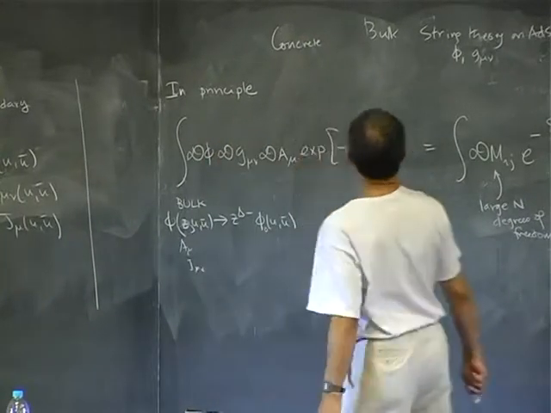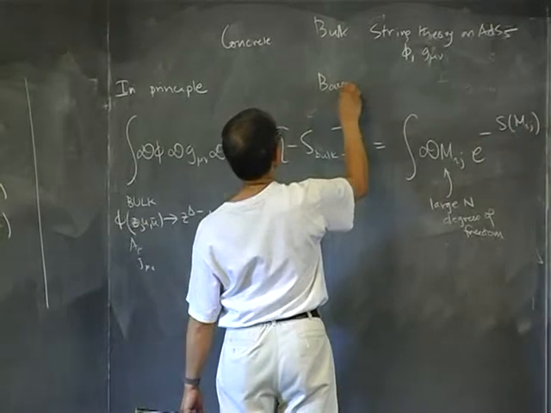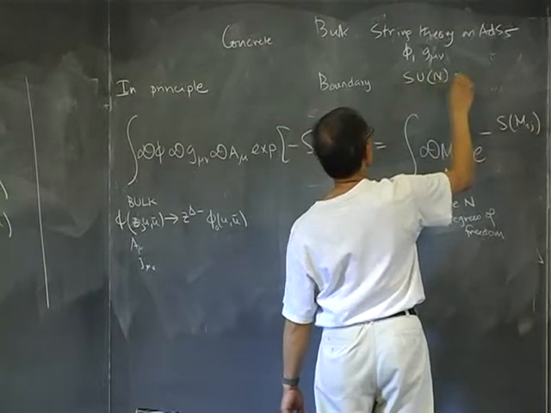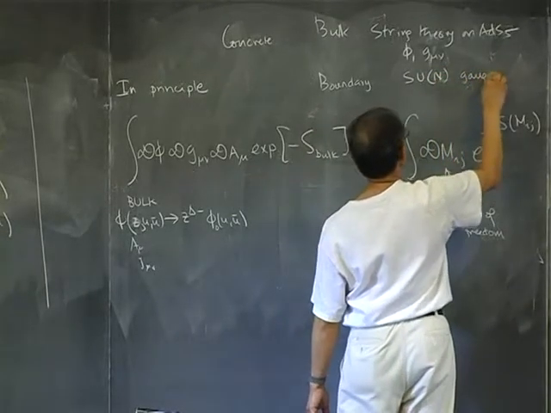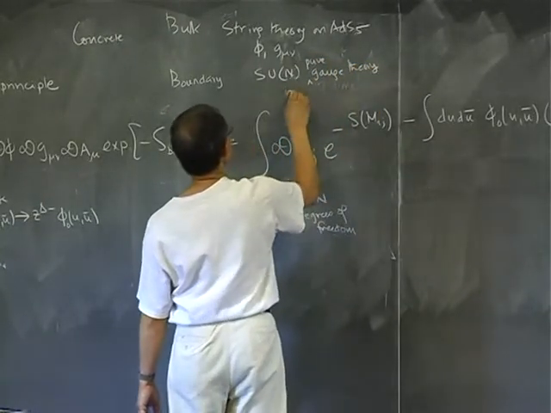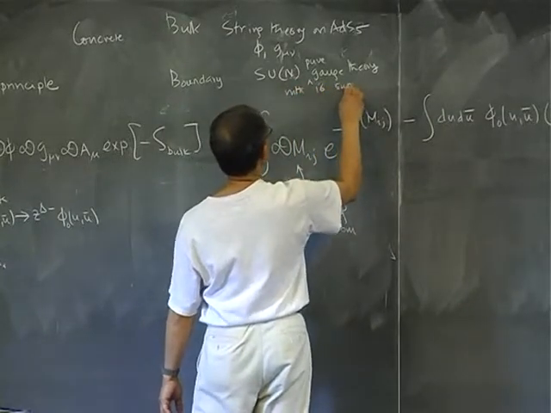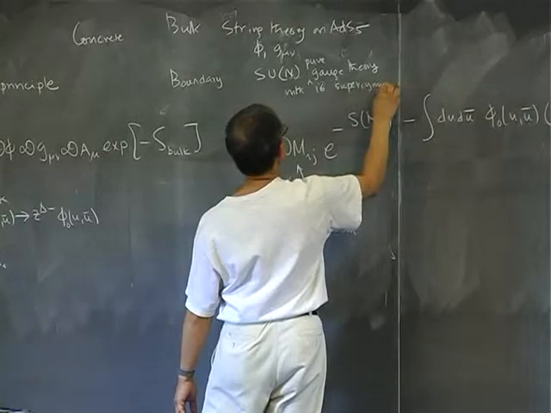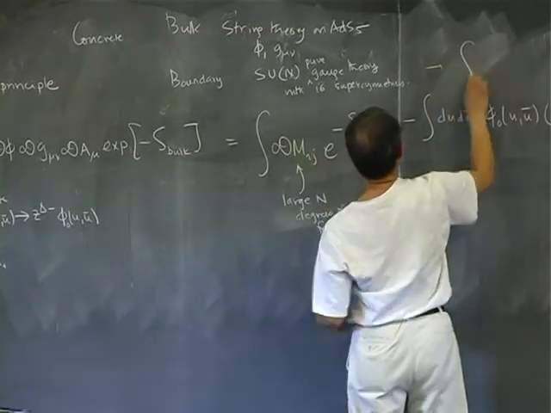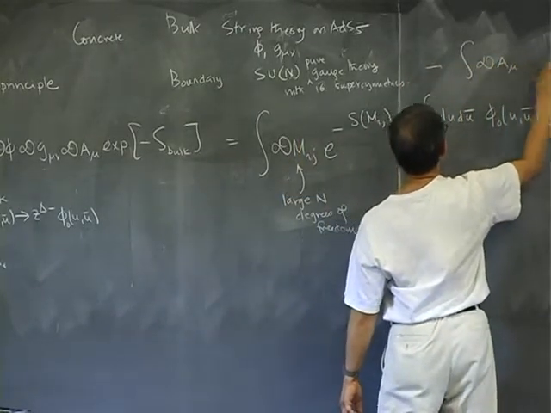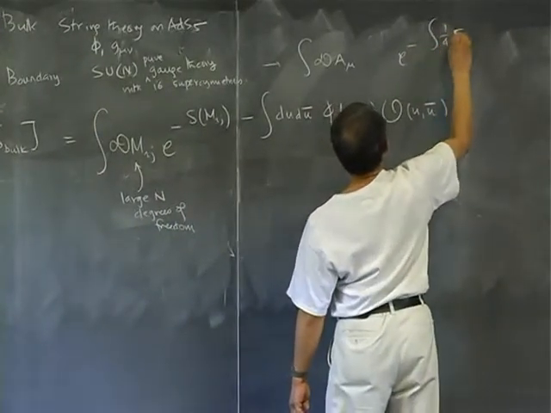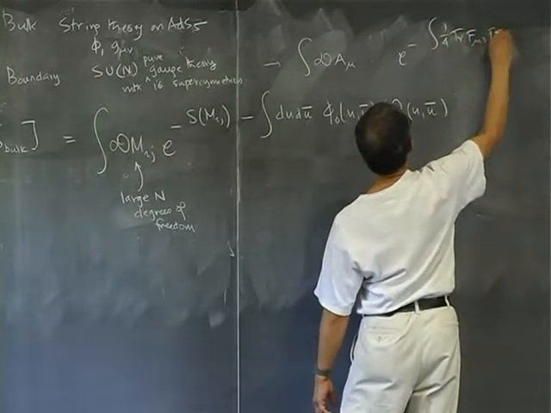The boundary theory is a very well known gauge theory. It's an SU(N) gauge theory, pure Yang-Mills theory, with 16 supersymmetries. So this integral in that case is like integral dA mu, and there are some other supersymmetric partners of those, and then there is an action which looks like 1/4 trace F mu nu F mu nu.